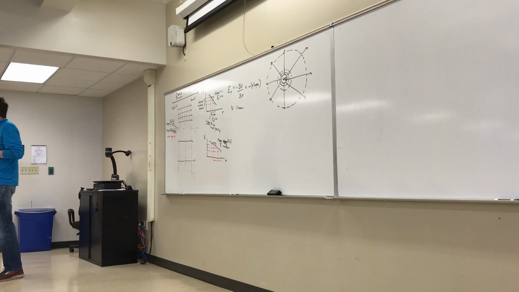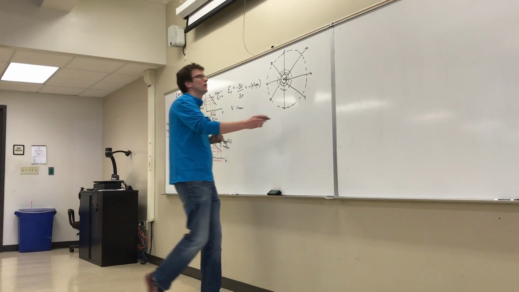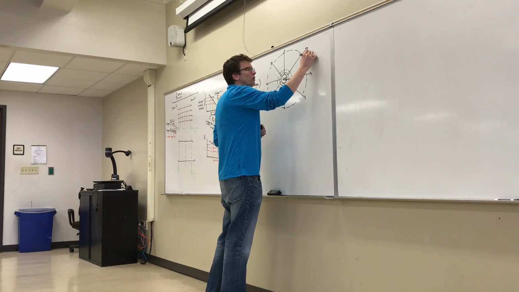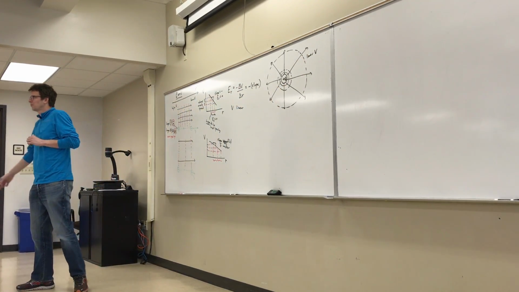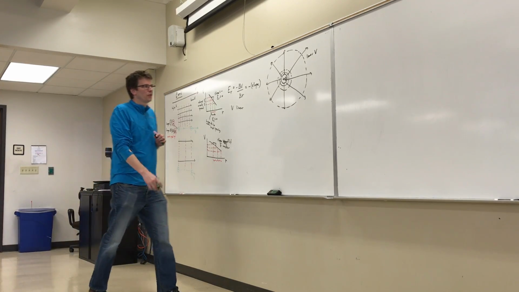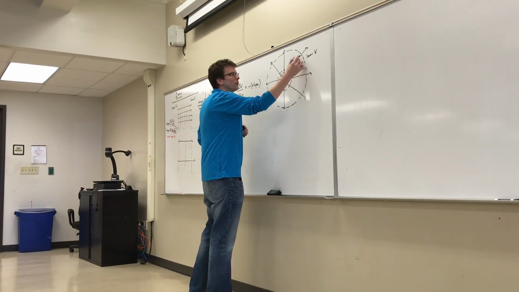There are still concentric rings. Over here, you get to lower voltage. Remember, the electric field points towards lower voltage. The electric field always most directly points towards lower voltage, so these are right angles.